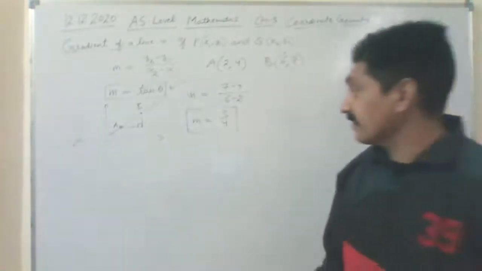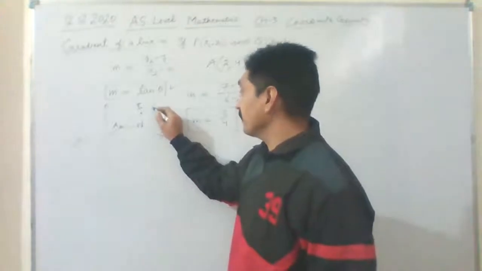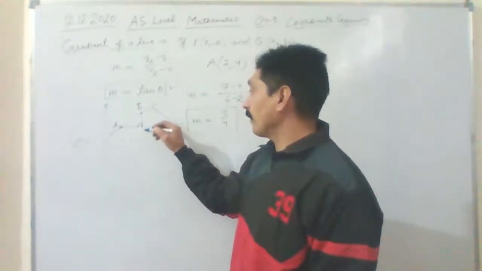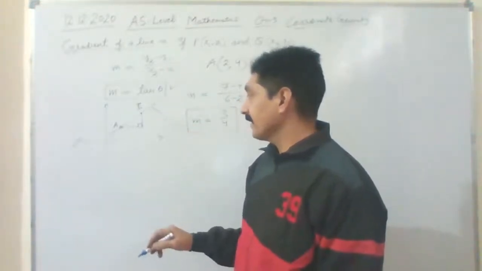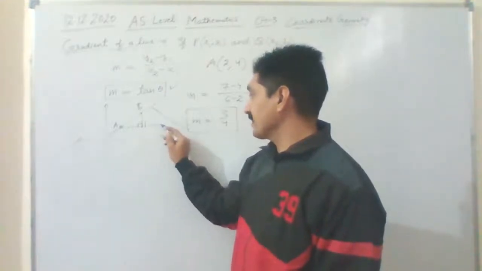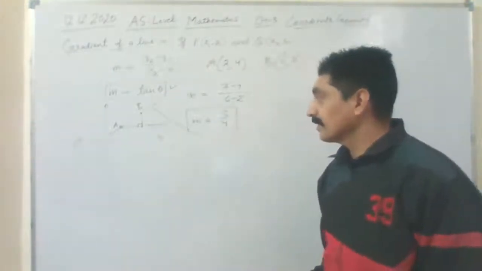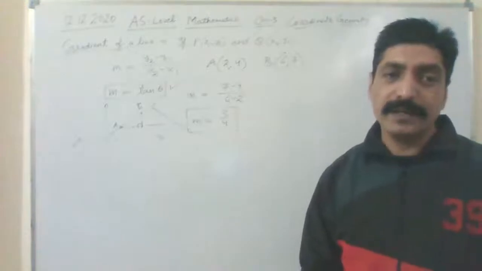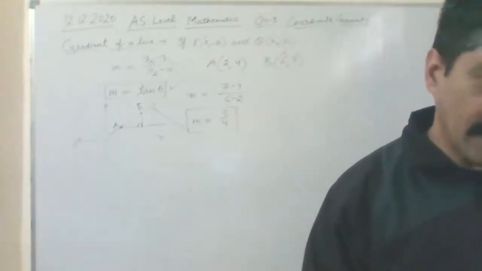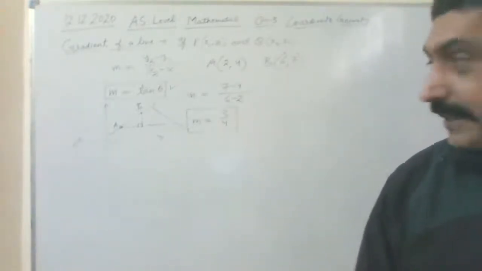If the line slopes in this way, then the slope of the line is negative, right? If the line is parallel to the x-axis, then the slope is 0, and if the line is perpendicular to the x-axis, it has an infinite gradient.